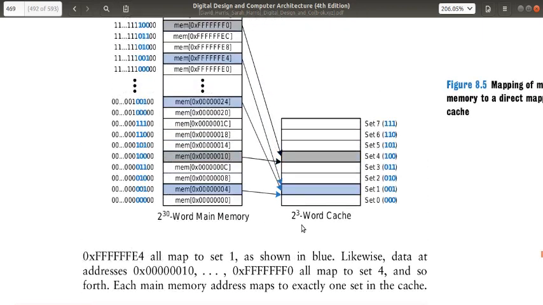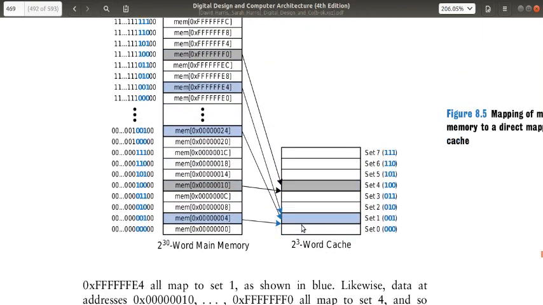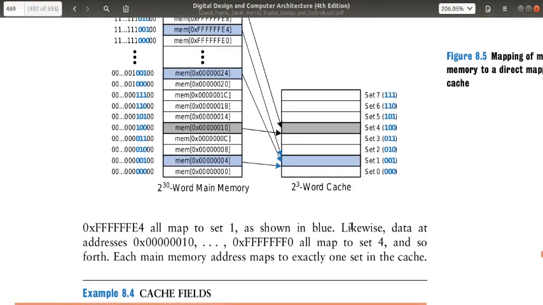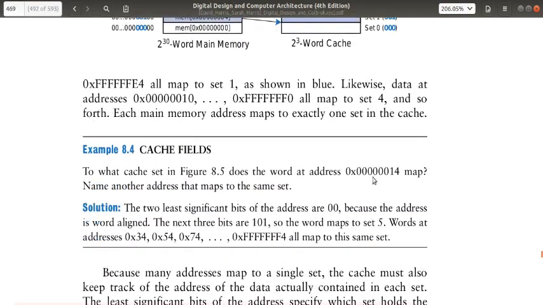Okay. So first of all, what do we have to do? We have to convert this into binary format. Only then will we know the bit pattern, right? So when we convert this, the last 5 bits will be 10100, right?